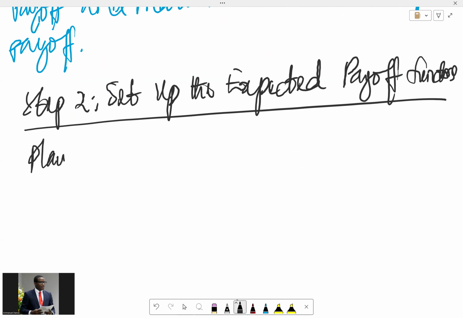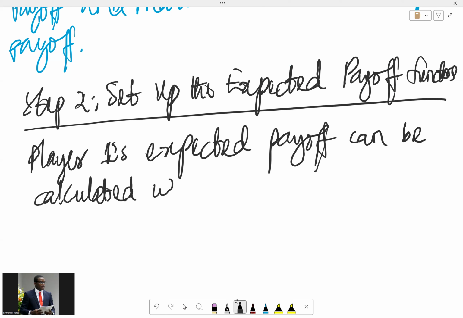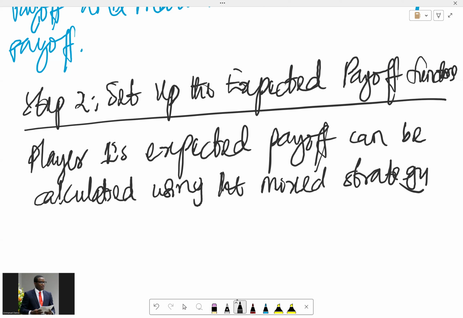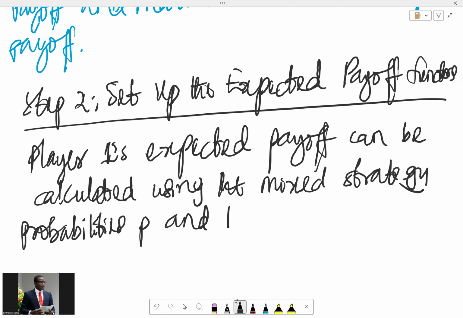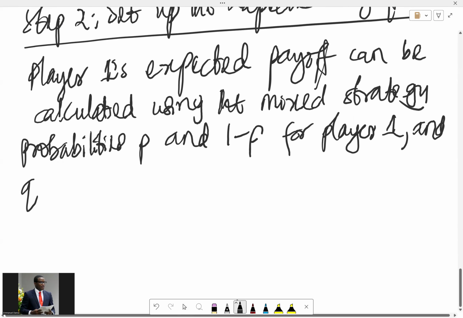So player one's expected payoff can be calculated using the mixed strategy probabilities P and 1 minus P for player one, and Q and 1 minus Q for player two.